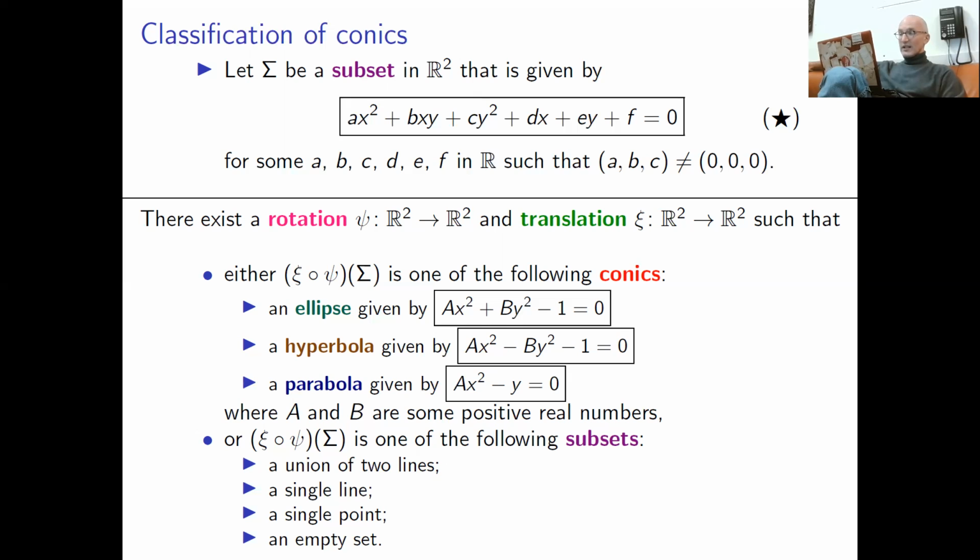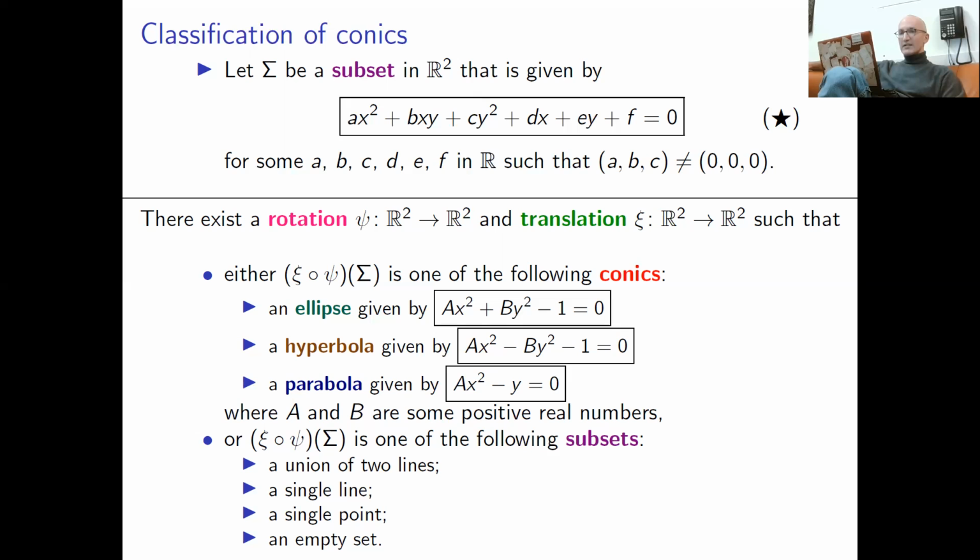So for example, if you take an empty set, and if you ask yourself which equation of this type determines the empty set, you can name two. One of them is x squared plus 1 equals 0. Another one is x squared plus y squared plus 1 equals 0. Or similar, you can multiply them by some positive or negative number.